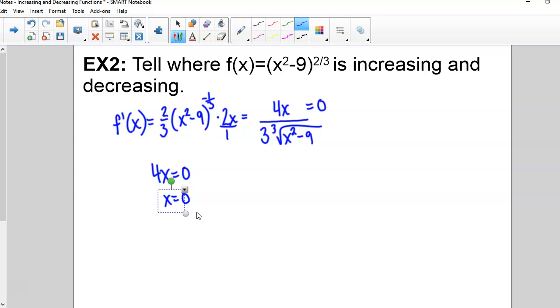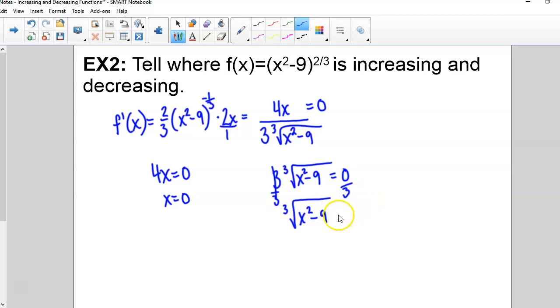In the denominator, we would have 3 times the cube root of x squared minus 9 equals 0. So here we would divide by 3. It gives us the cube root of x squared minus 9 equals 0.